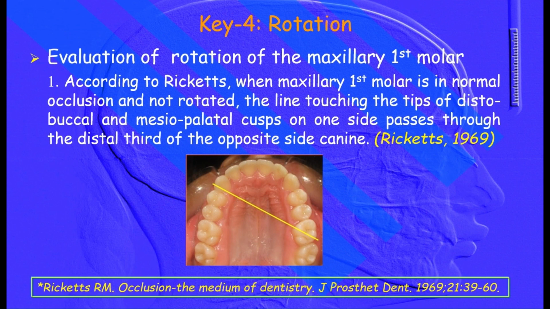Even if all the teeth in the maxillary arch are well aligned, the mesiopalatal rotation of the first molars is very common, and there are a few guidelines to identify the same. According to Ricketts, when the maxillary first molar is in normal occlusion and not rotated, the line touching the tips of the distobuccal and mesiopalatal cusps on one side passes through the distal third of the opposite side canine.